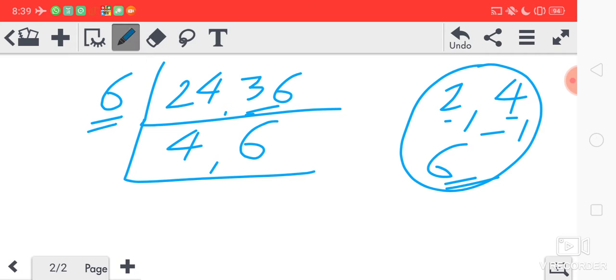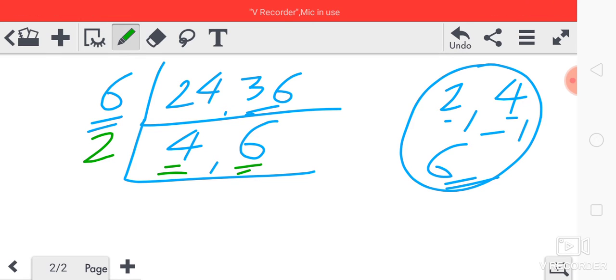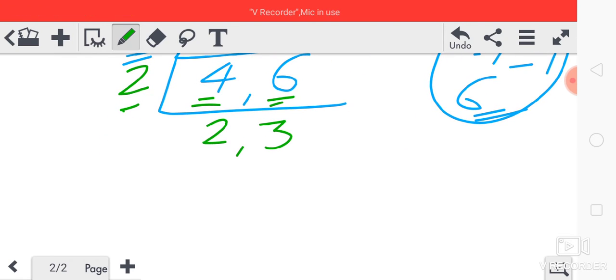Then now we have got 4 and 6. Do we get 4 and 6 both in any number's table? Yes, we get. In which number's table? In the table of 2. So in how many times will we get 4 in the table of 2? 2 2s are 4, then 2 3s are 6. Okay.